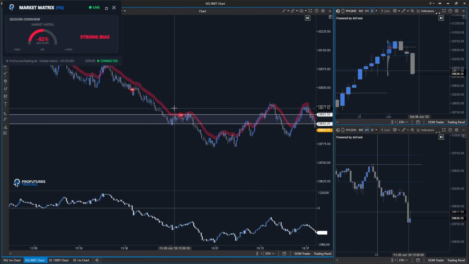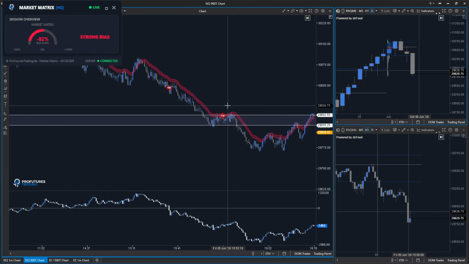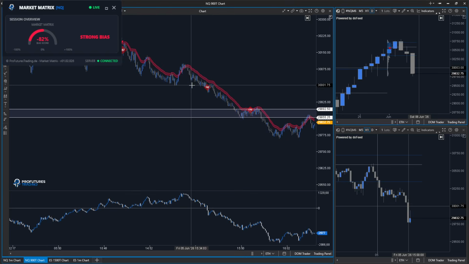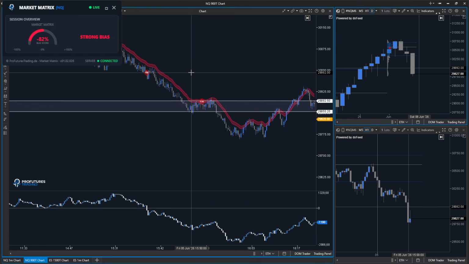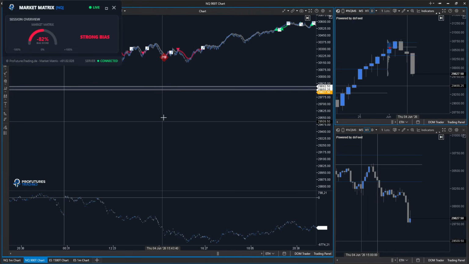But if there are many aggressive sellers but the market is not moving down, like in this scenario, then of course they get absorbed. And absorption is always a good sign of a reversal. Maybe I can find a good scenario.